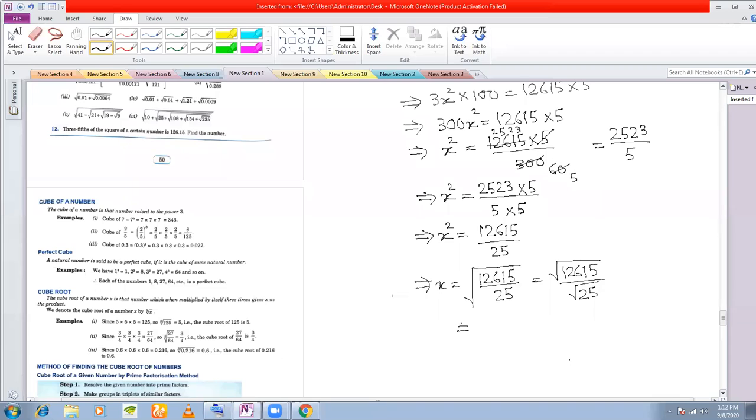If you find the square root of 12615, you will get 112.3. If I take it to 3 places of decimal, 112.316, and the square root of 25 is 5. Okay, so if you divide this now, this should be 12615. Yeah, this is okay.